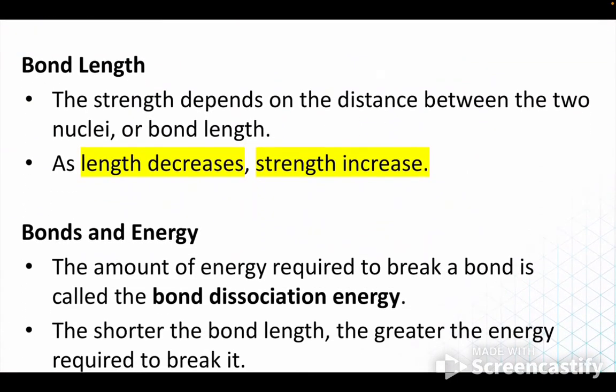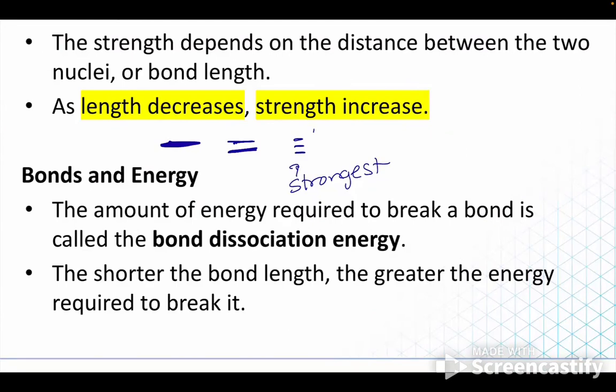So as bond length goes down, when you go from a single bond to a double, a little shorter, to a triple, the strength increases. So this is the strongest. So therefore, when you talk about bond energy, the energy that would be needed to break the bond, the shorter they are, the more energy it takes to break it apart, which really means ultimately the more stable it is.